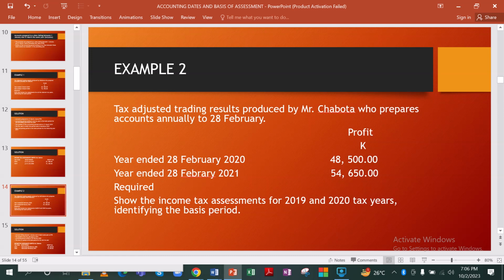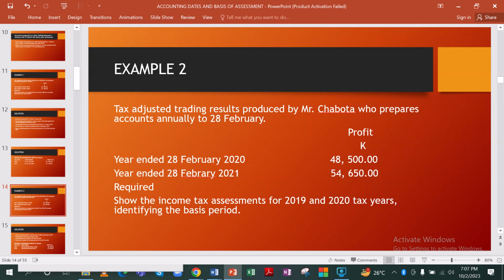Okay. Second example. Just to underscore the point again, and this one we are dealing with Mr. Chabota. Tax adjusted trading result produced by Mr. Chabota, who prepares accounts annually to 28th February. So immediately you look at the accounting date, you start wondering, should I use the current year basis or should I use the preceding year basis?